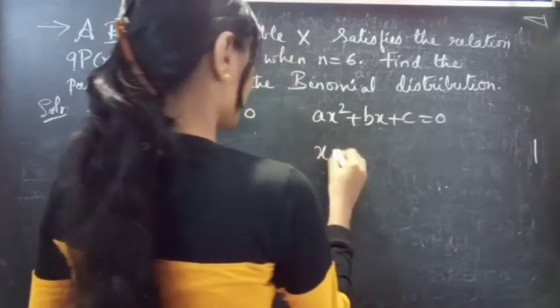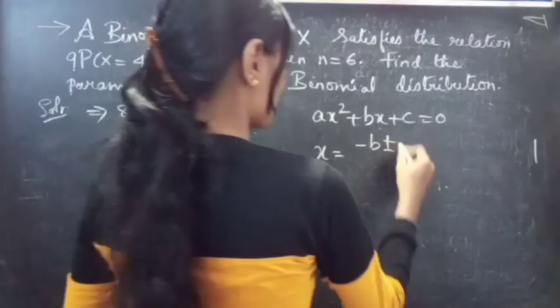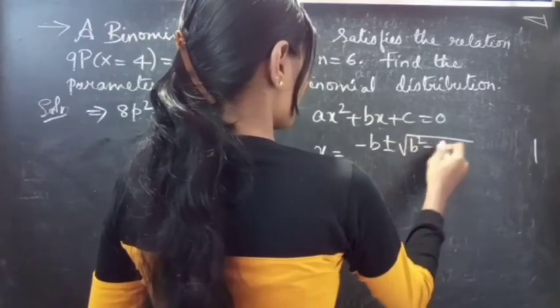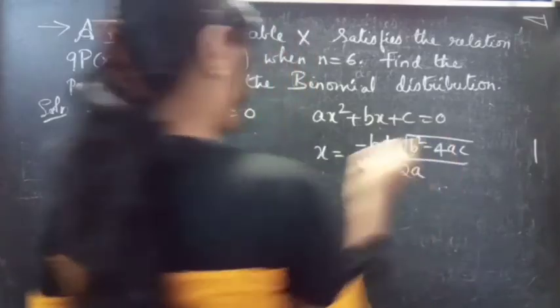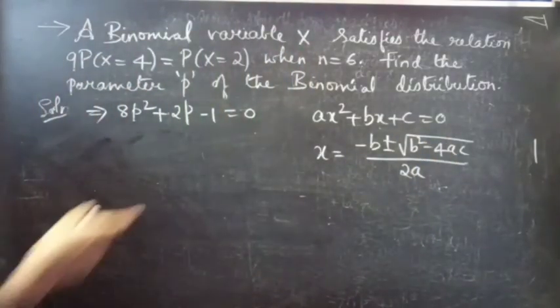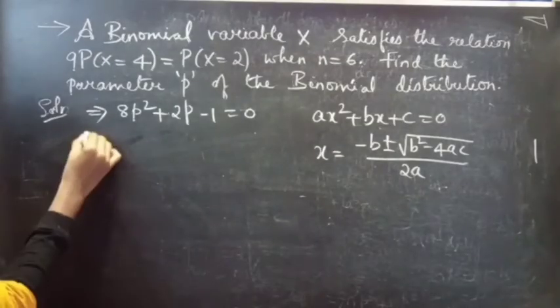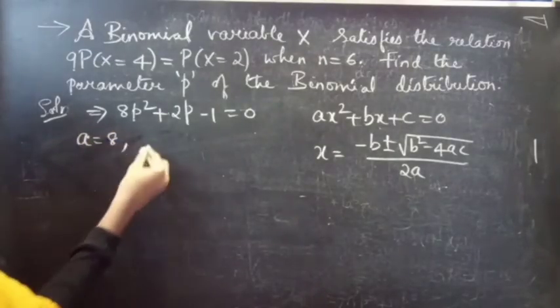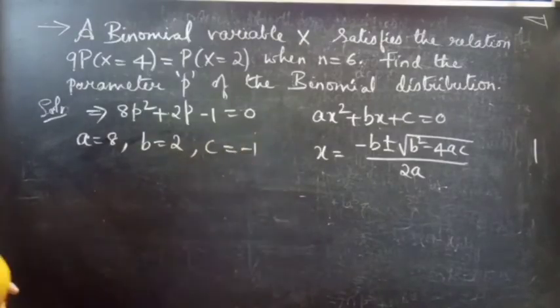So you can find the roots using the formula x equals minus b plus or minus square root of b square minus 4ac, by 2a. Now compare this with the quadratic equation. You'll get a equals 8, b equals 2 and c equals minus 1.